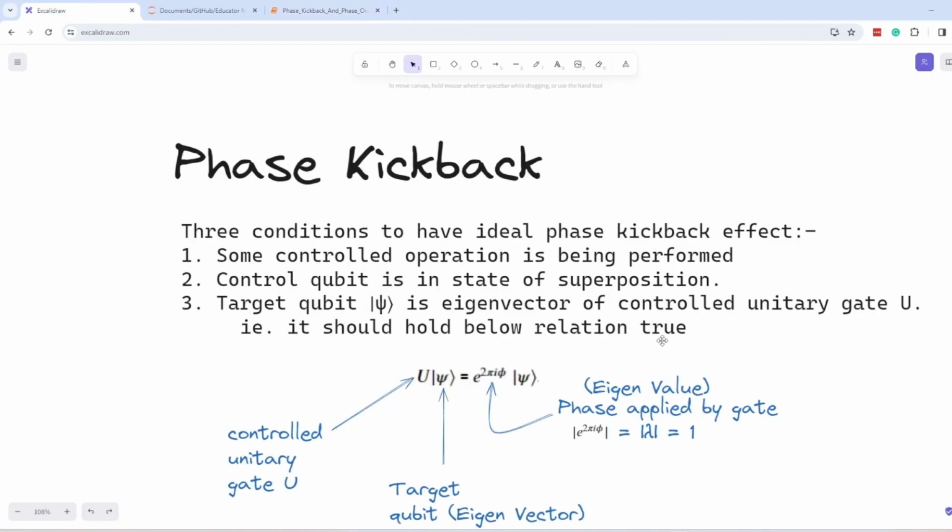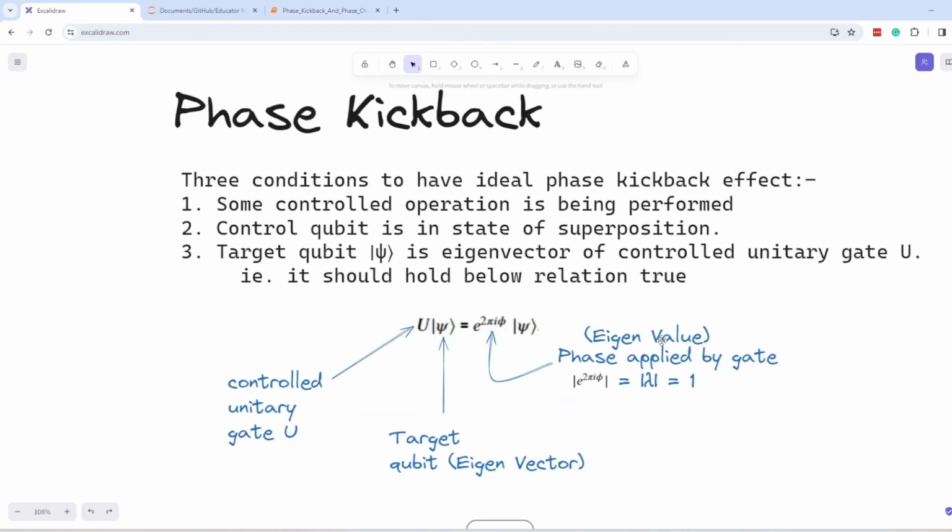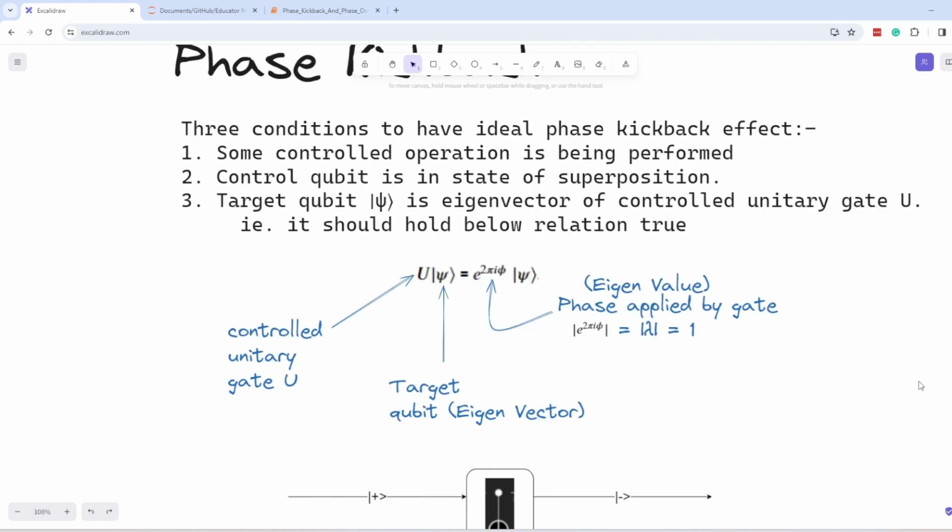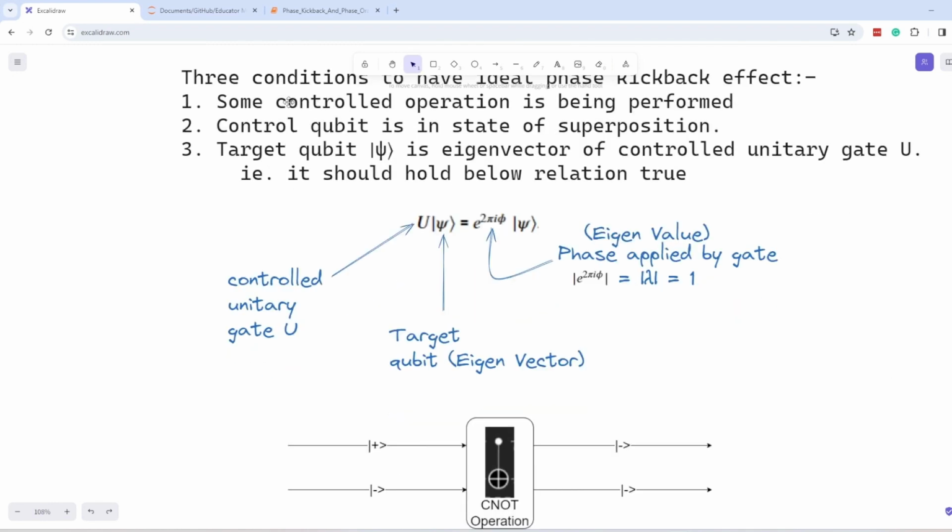Now let's see what conditions we can keep in mind to remember that the phase kickback effect is going to happen. So first thing is that there must be some kind of controlled operation being performed. So yeah, for CX indeed a controlled operation is going to be done, because CX is a controlled operation.